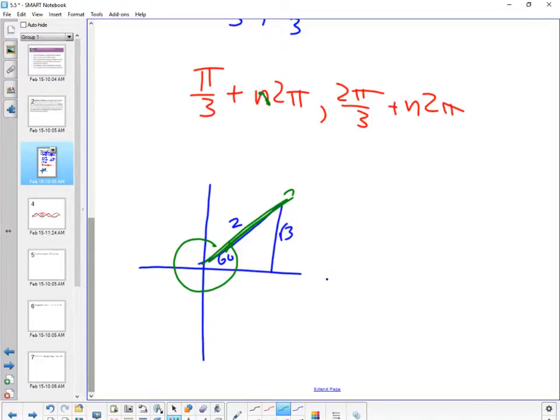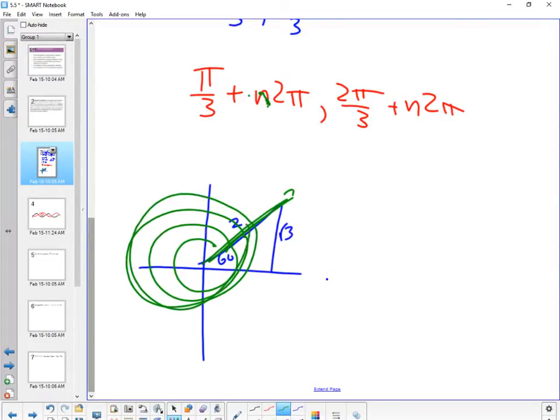So I went around once, that n would be a 1. If I do it twice, then this would be 4 pi, wouldn't it? And if I did it 3 times, 3 revolutions, then this would be 6 pi. So all that n is telling me is how many revolutions I've made to get to the next one. There's 1, 2, 3, 4. And every iteration of n2 pi produces a positive radical 3 over 2.